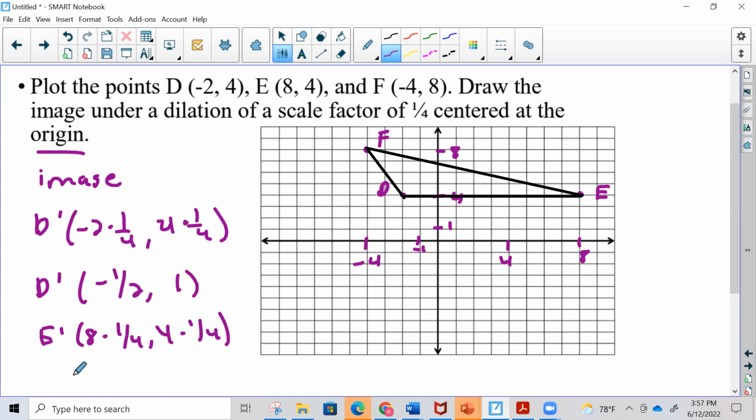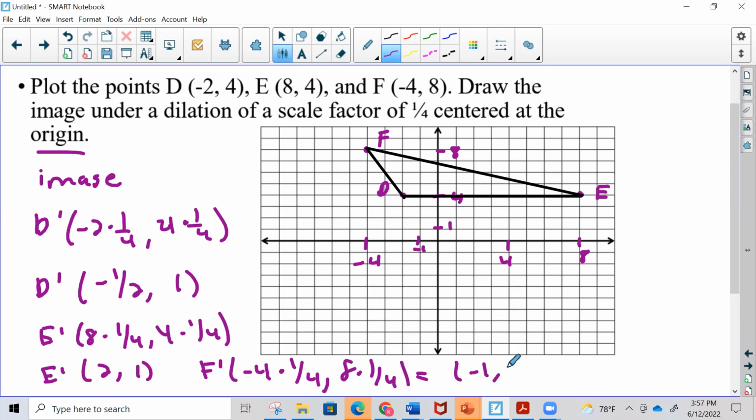Okay, if I do 1/4 of 8, I get 2, and 1/4 of 4 is 1. So E prime becomes 2, 1. And then F prime is negative 4 times 1/4 and 8 times 1/4. Okay, and that becomes negative 1, 2. And then again, I'm just going to plot those 3 points and connect them.